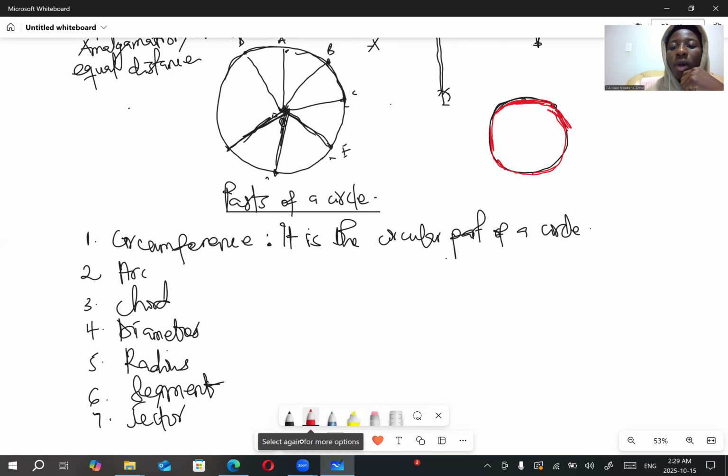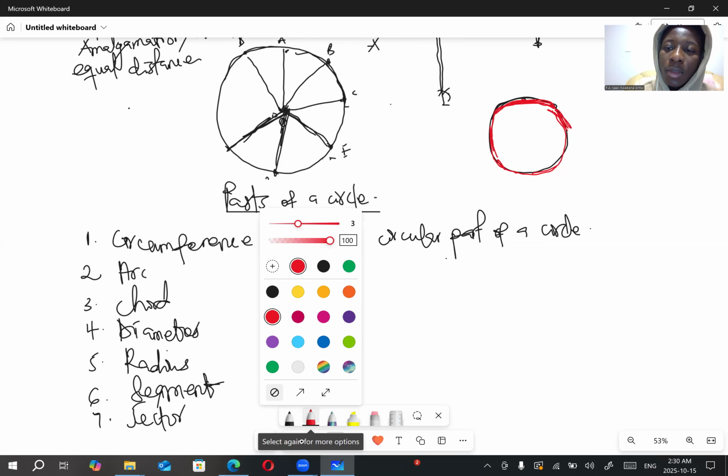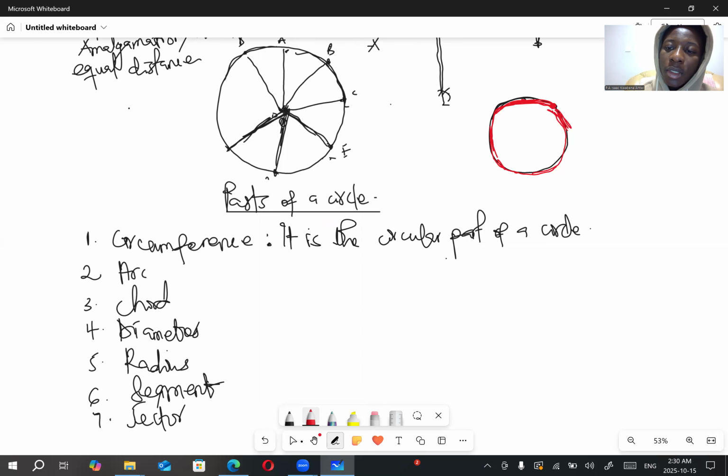I want to walk on the shell. It seems to be coming inside the circle, but that's not what I want to do. So the circumference is the black line, the pattern. From here all the way and back is the circumference of the circle. You notice that I didn't say from this point to that point. I said from that point all the way and back to the point again. That's circumference.